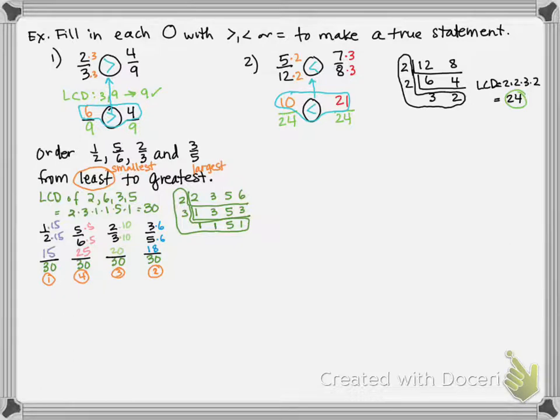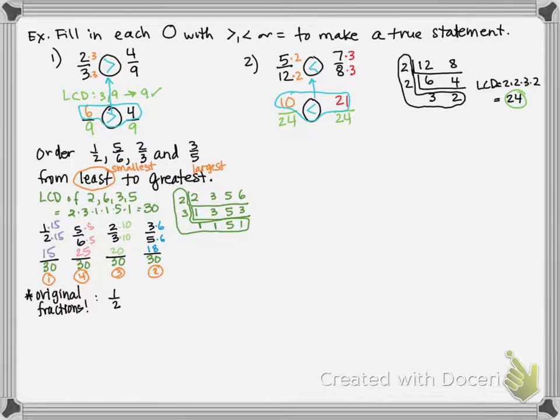Now, we're not going to write those numbers. We're going to go back to the original ones. So I'm going to write here, original fractions, to remind you. So the first one went with 15/30, which is actually 1/2.